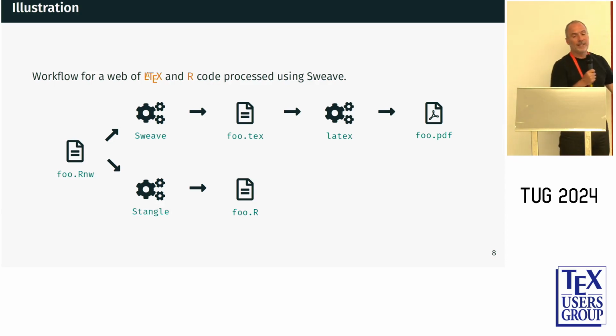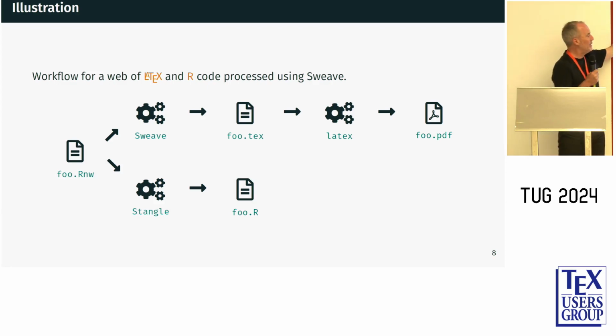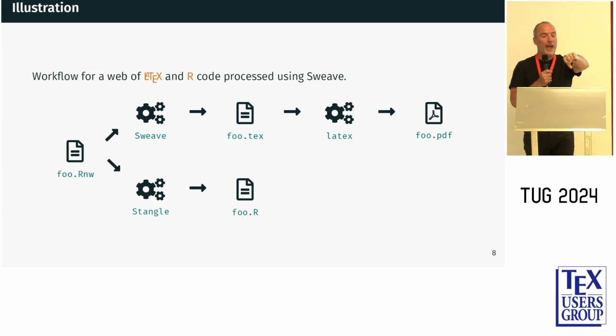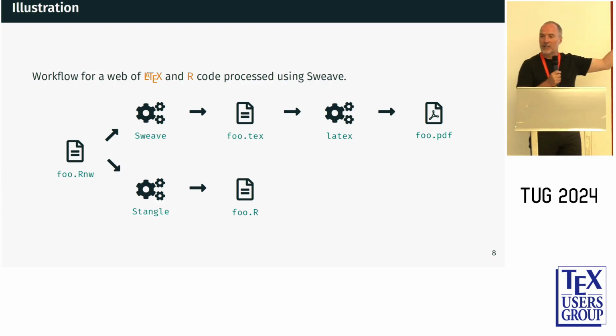So we have one file that contains the documentation and the programming code, and we can create the documentation itself using a weave procedure. What the weave procedure will do is look at the code, probably execute or evaluate part of the code, and replace the code by actual documentation or material that will be suitable LaTeX code, turn this into a text document, that you can then compile, of course, to, say, a PDF file.